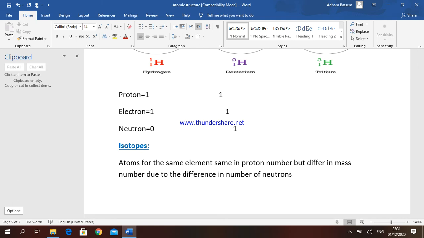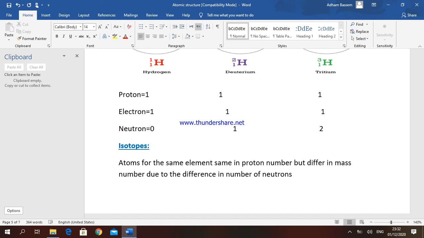In tritium, in this isotope, the number of protons equals 1 also, the number of electrons is 1, while the number of neutrons changes and becomes 2 neutrons.